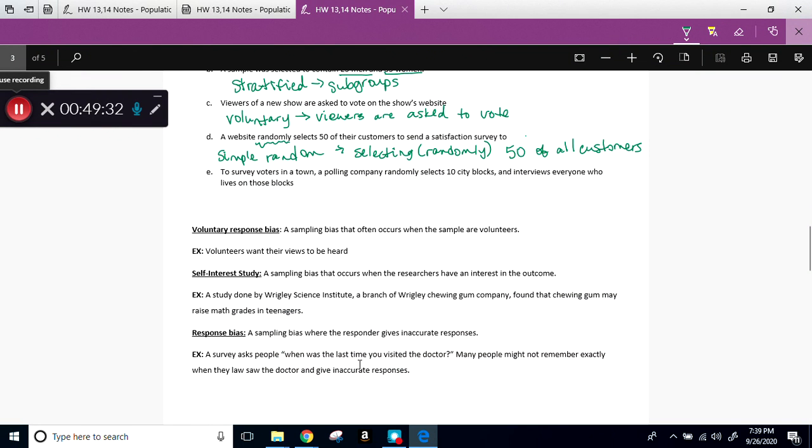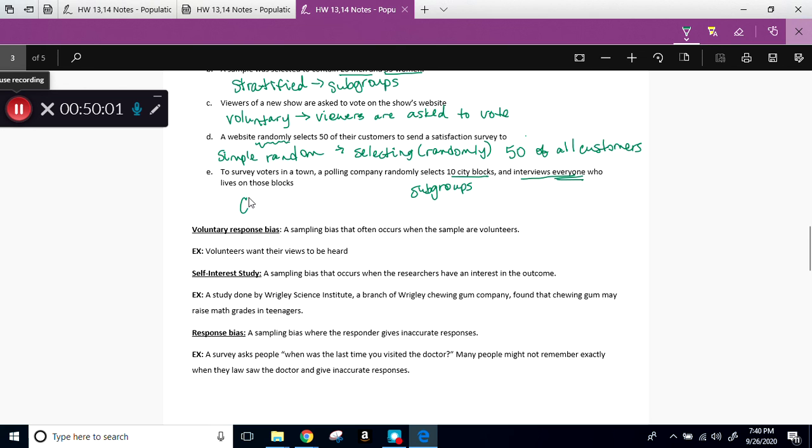To survey voters in a town, a polling company randomly selects 10 city blocks and interviews everyone who lives on those blocks. That one is where it's obvious. Randomly selects 10 city blocks. So that's our subgroup. And then they're going to interview everyone within those subgroups.